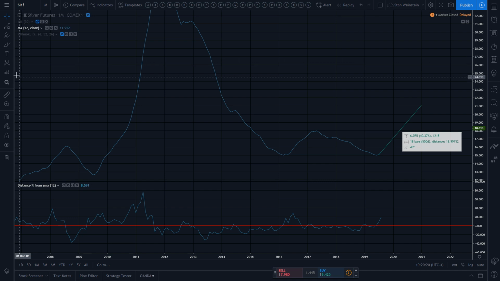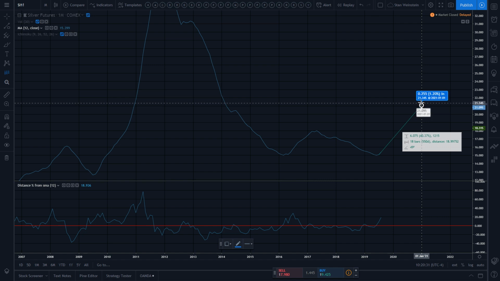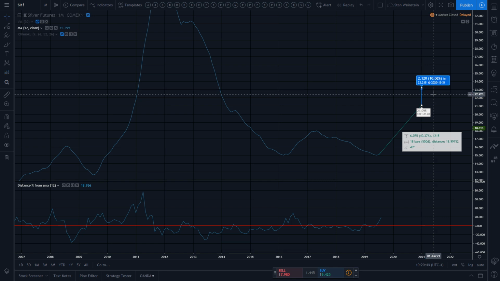So from there on, you could add what the price would be right above. Right here, January 21st, and then let's add 10%, because we're going to be 10% away from that 12-month moving average for that type of angle of ascent. Let's move it up. And here's my target.